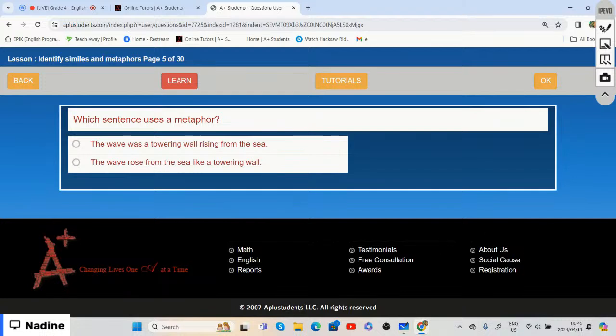The sentence that uses a metaphor is the first option, which says the wave was a towering wall rising from the sea.